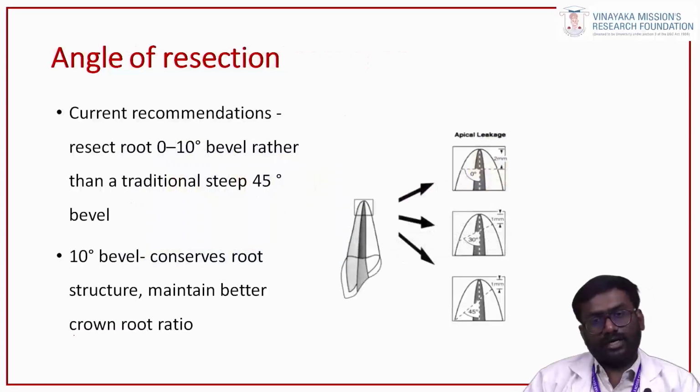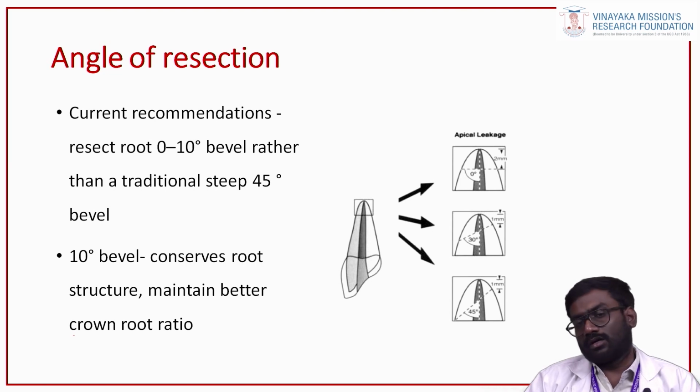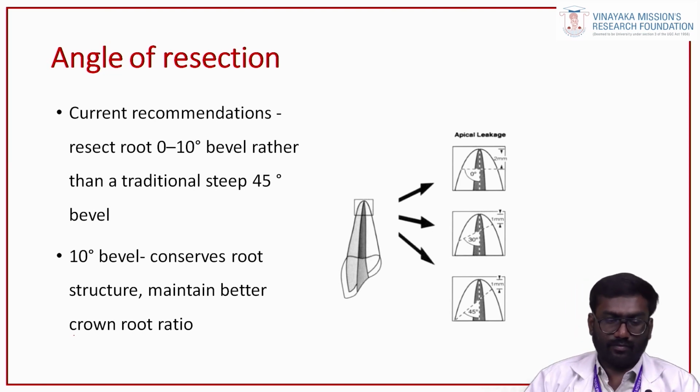The next point to be considered is the angle of resection. Earlier, it was thought that the root end should be resected at a 45-degree angle to create a bevel so that you can have an adequate seal. But recent studies show that there should be a 0-degree bevel, or at least only 0 to 10 degrees. So the current recommendation is to resect the root at a 0 to 10-degree bevel rather than the older conventional method of a 45-degree bevel.